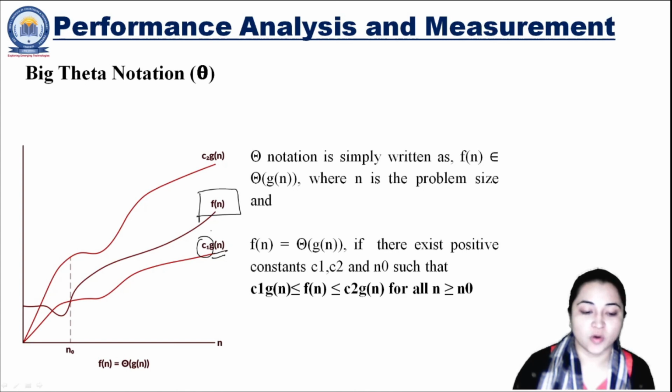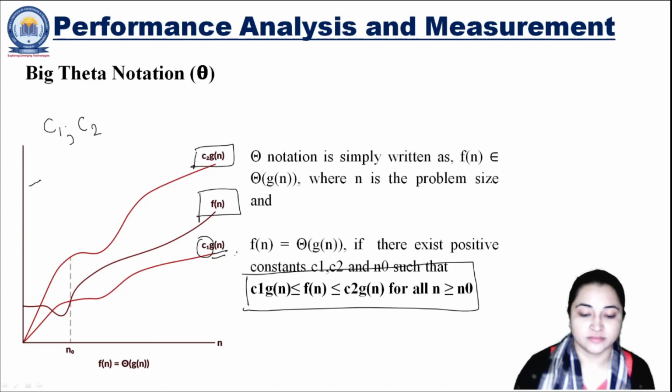So it will always grow faster than c1 into g of n, and will always grow slower than some constant c2 into g of n. So in this case, we have to find two constants c1 and c2 such that this condition will hold true for any value of n which is greater than n0.